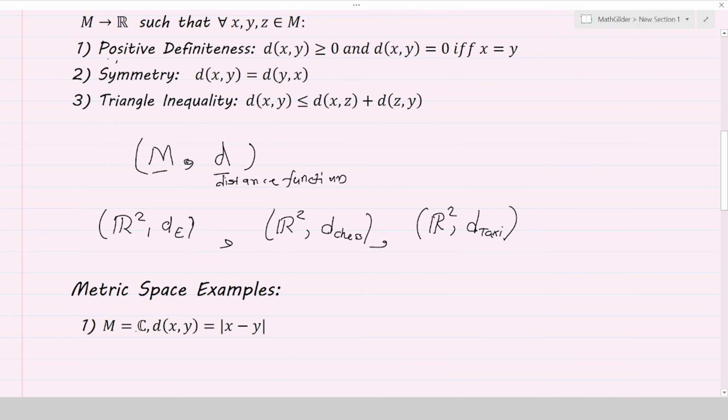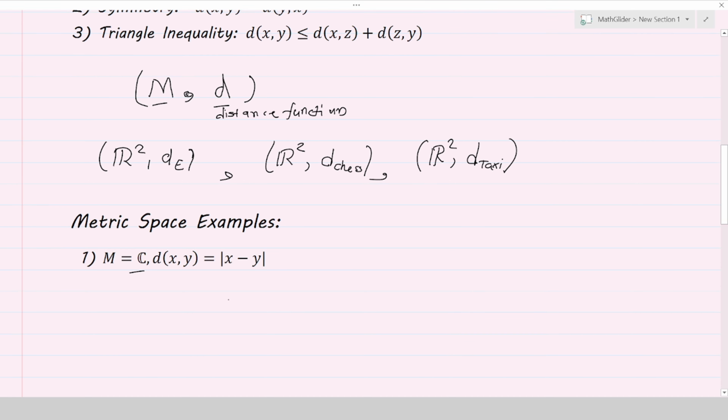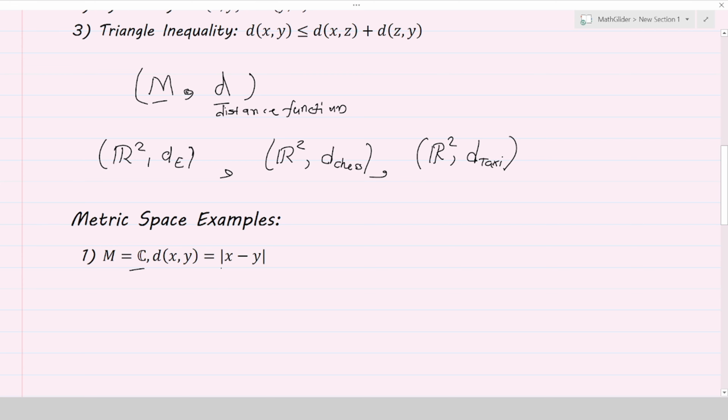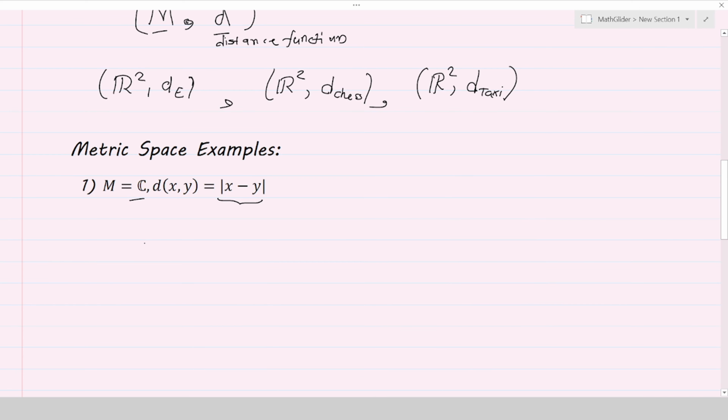Another example is, let us take capital M to be the complex numbers. Now our set is the set of complex numbers and the distance we will define as the absolute value of x minus y. You know what this distance is? It is simply the distance between two points, similar to Euclidean distance.